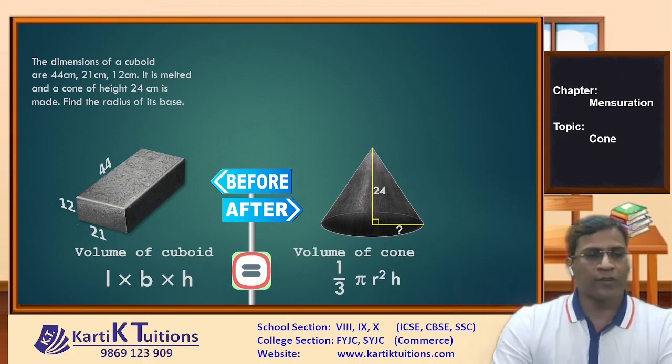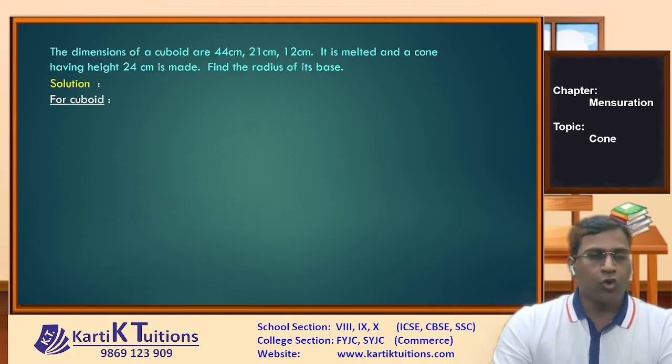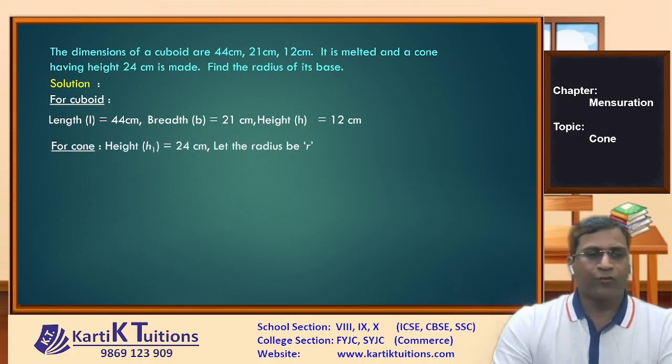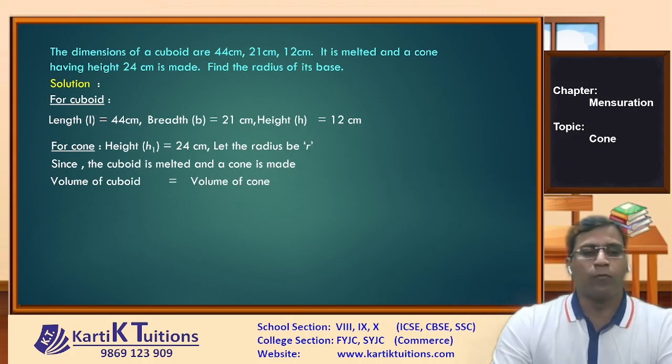So let's move towards the sum. Now here, for cuboid, the L is given to us as 44 centimeter, breadth is given to us as 21 centimeter, and h is given to us as 12 centimeter. Whereas for cone, the height which we have denoted as h1 is given to us as 24 centimeter. अभी radius find करने बोला है, but we know that volume of cuboid is equals to volume of cone. So LBH is equals to 1 upon 3 pi r square h1.